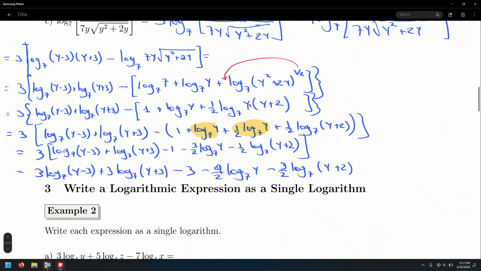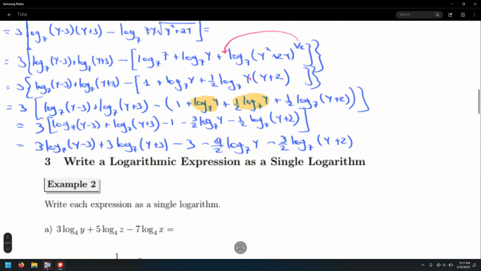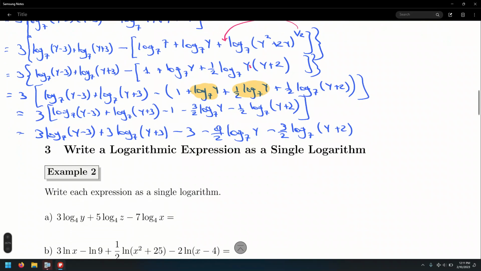So what we did last time is to expand a compressed expression and turn it into a sum or difference of different logarithms. And trust me, guys, if this looks like madness, which it actually is, this is to later simplify a lot of the work when we do calculus involving logarithmic functions.